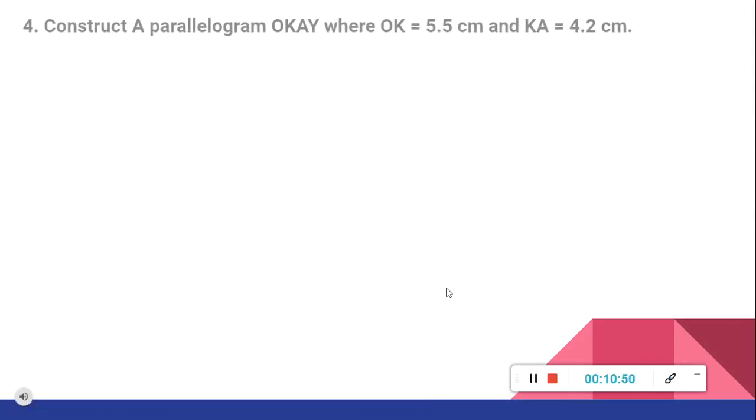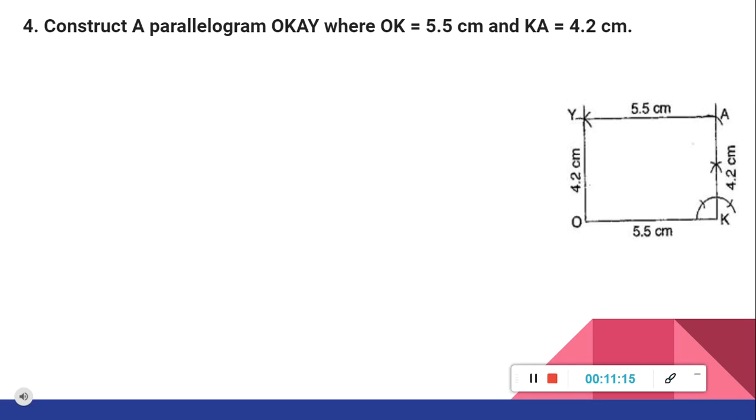Last one is the parallelogram. Here OK is 5.5 centimeter and KA is equal to 4.2 centimeter. So here also, for a parallelogram, we know that opposite angles are equal and opposite sides are equal. But here angles are not given, so we can take any angle randomly and draw it.